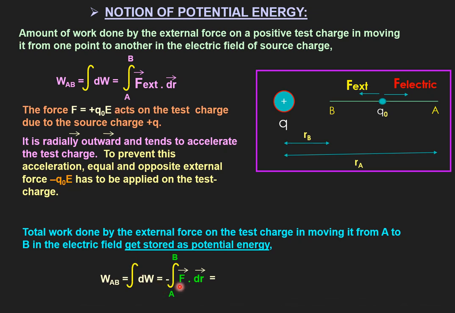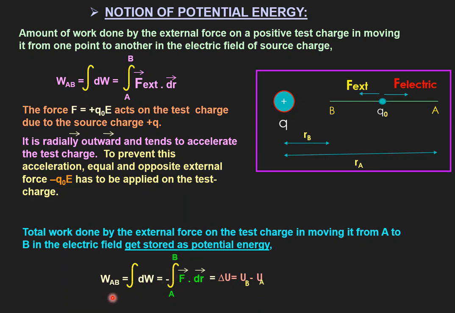This F is the electrostatic repulsive force, the Coulombic force. So it will be the negative of F electric dot dr, and the same amount of work done will appear as potential energy.